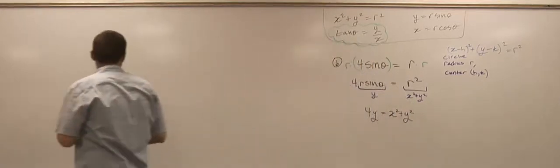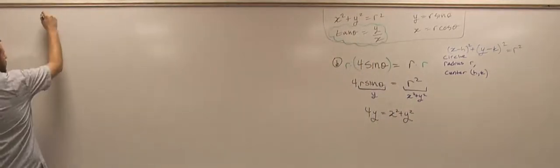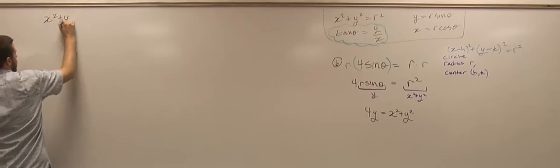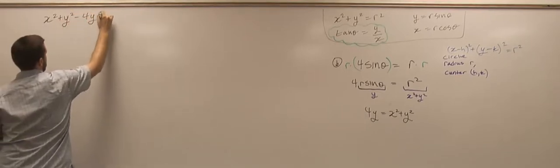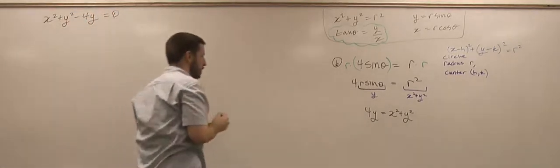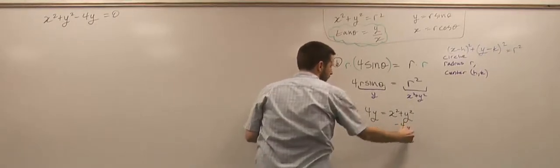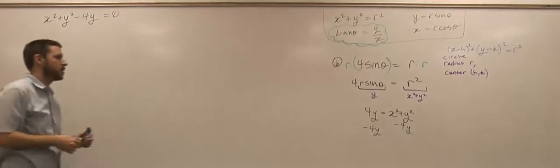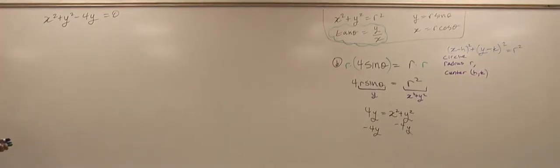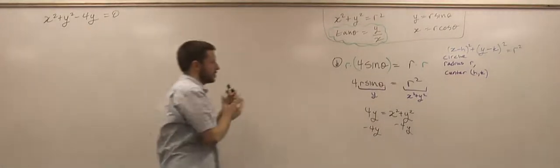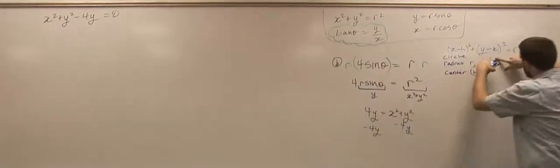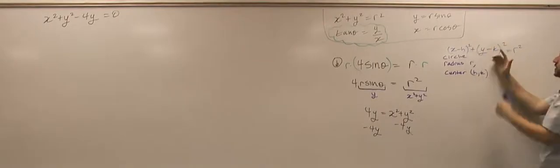To graph this, I subtract the 4y over. Then I'll have 0 on one side, and x squared plus y squared minus 4y on the other side. But it's still not what I want, because I actually want y involved in a quantity squared.